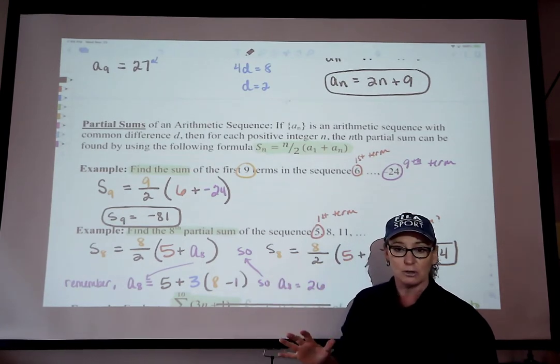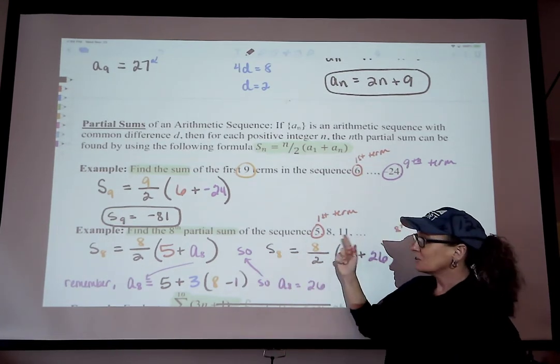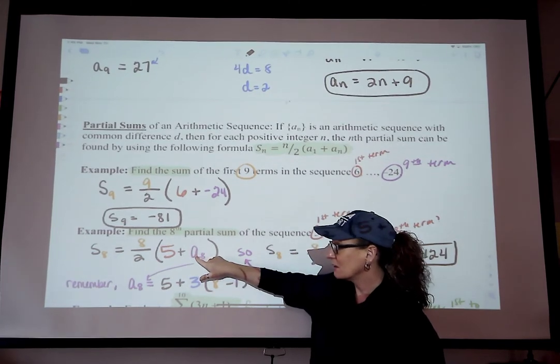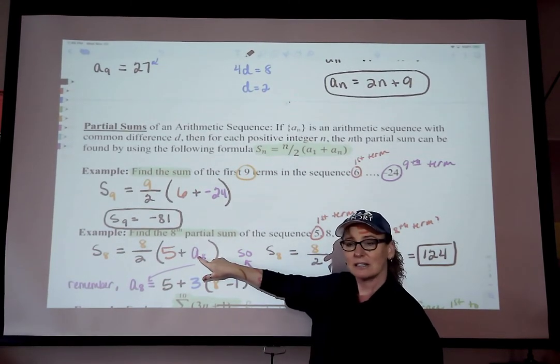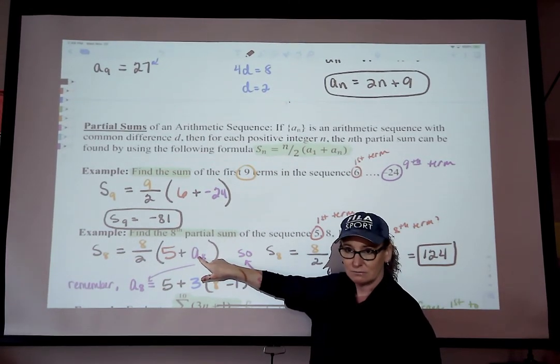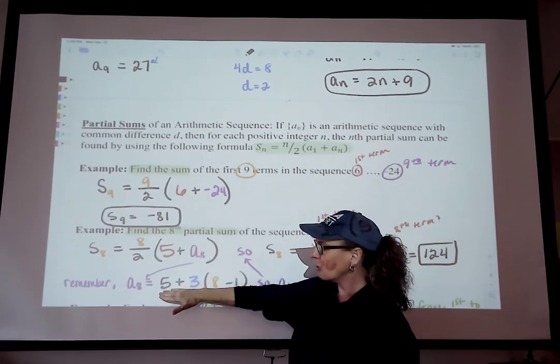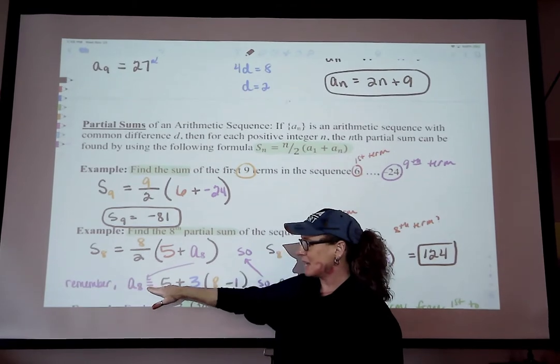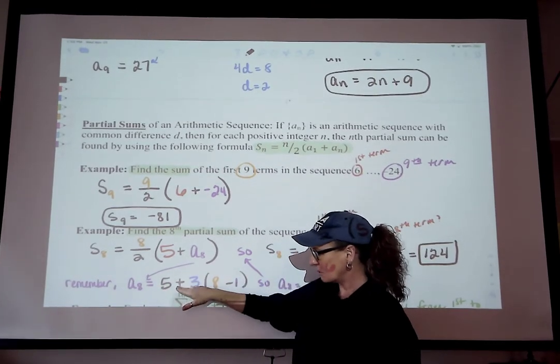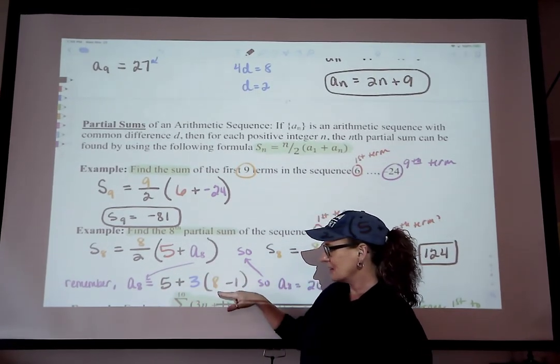So let me show you how to find this explicitly, not recursively. So here I go. Remember a sub n equals a sub 1 plus d parentheses n minus 1?